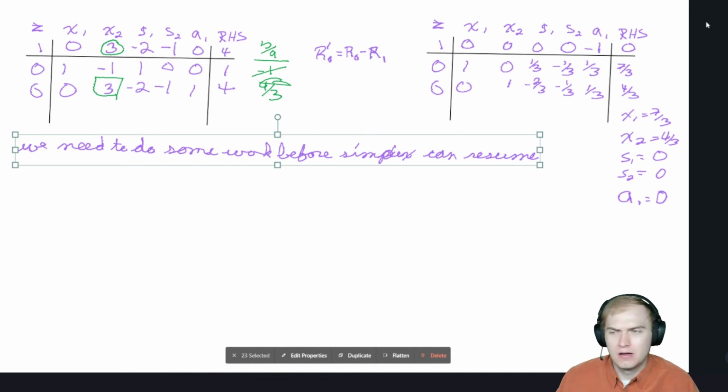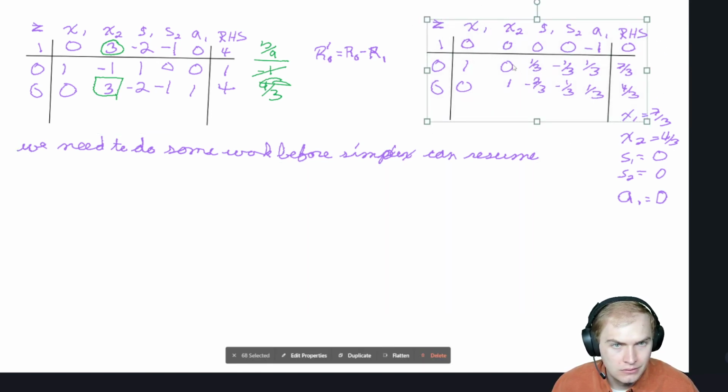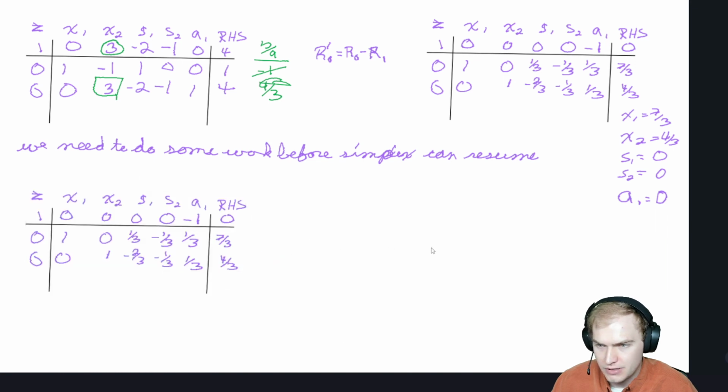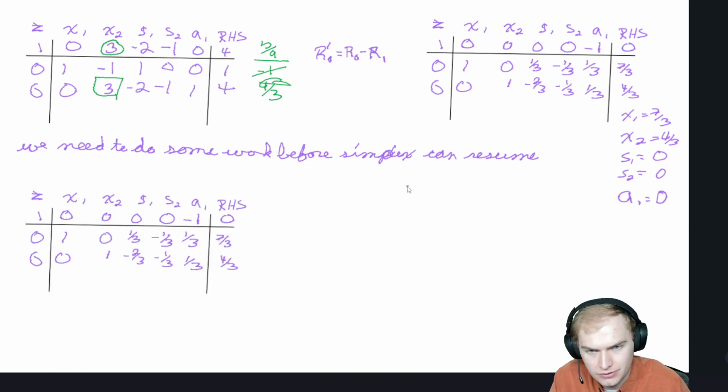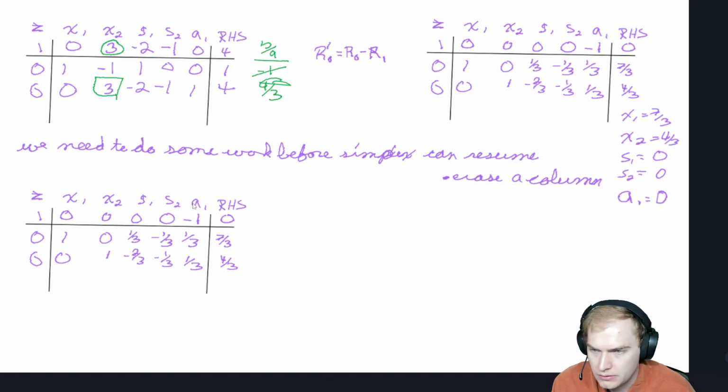Specifically, we need to doctor up the objective function somewhat. So here's what we're going to do. I'm going to grab him. Just like last time, we're going to erase a column. Don't need that variable anymore. It's taking up space.